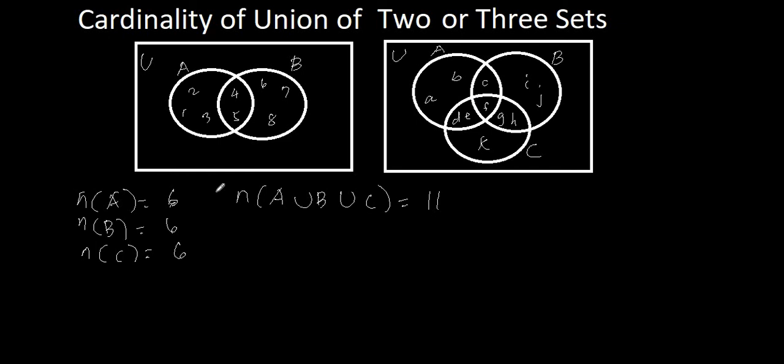So therefore let's now determine the formula and let's apply this. Let's see if we can get 11. We can get the correct cardinality. So we have now the formula for the union of three sets.